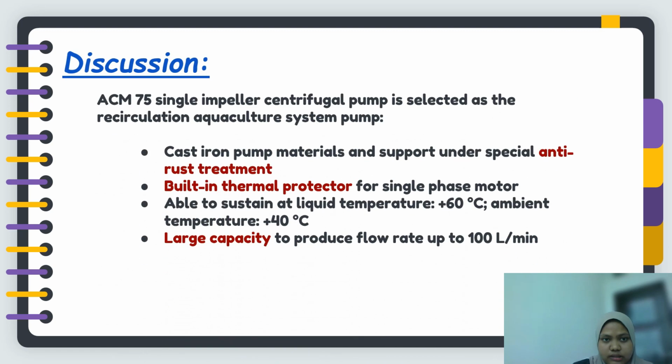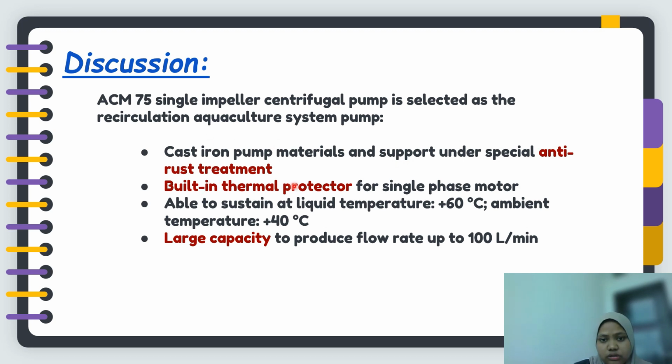So for the discussion, after all the discussion, we select the ACM75 single impeller centrifugal pump as the Recirculation Aquaculture System pump. It has cast iron pump materials and support under special anti-rust treatment.